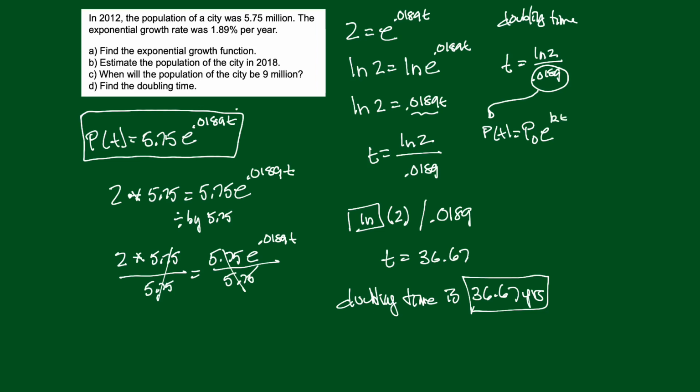And you see what that k is? That is this number right here. So in general, here's a little formula for the doubling time. We could solve it like this every time, but the doubling time is t equal to ln2 over k. There's a formula for the doubling time.